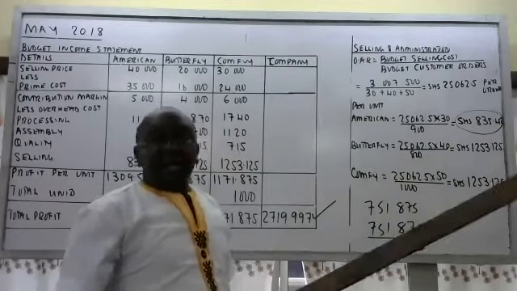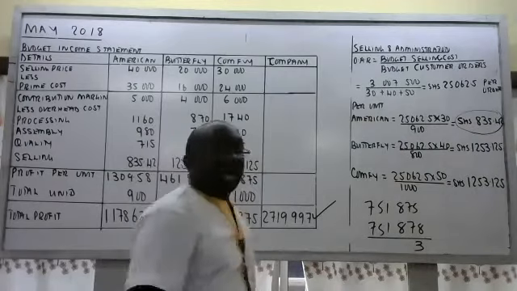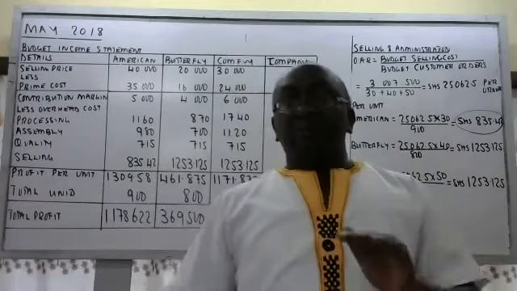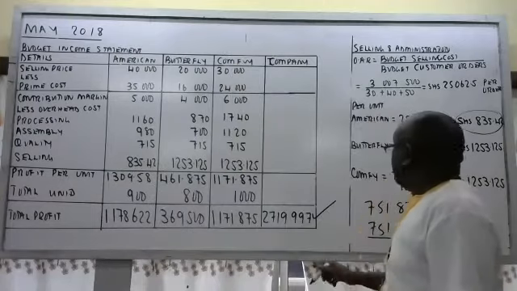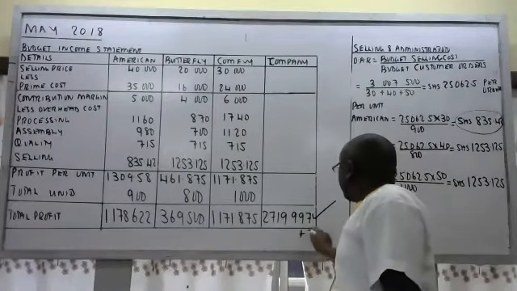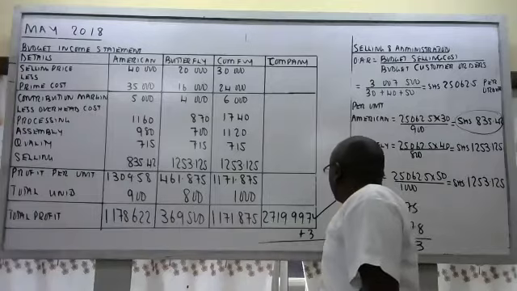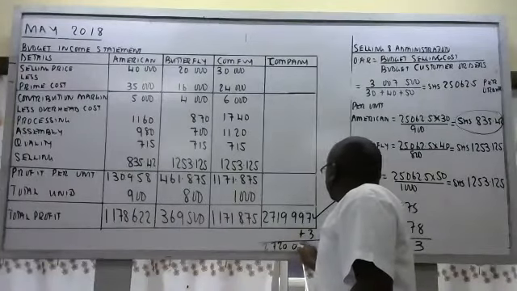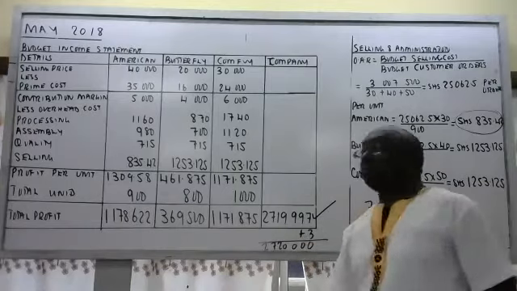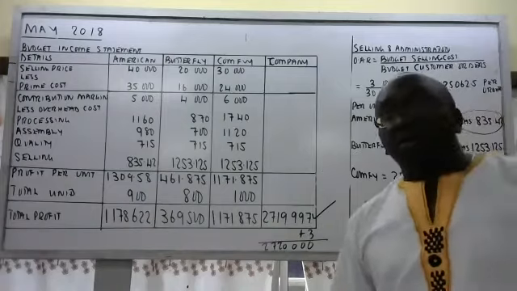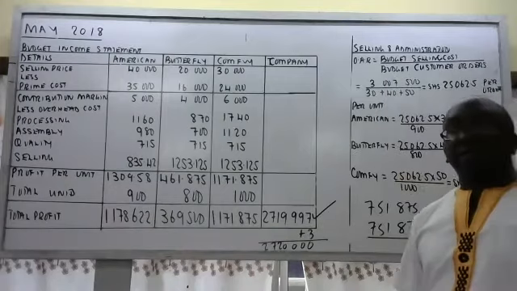So the cost went up by 3 shillings, and profit had to come down by 3 shillings. If you return the 3 shillings, you get 2,720,000. So those profits are the same.